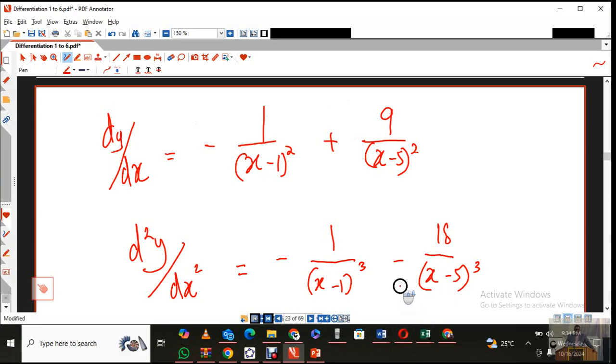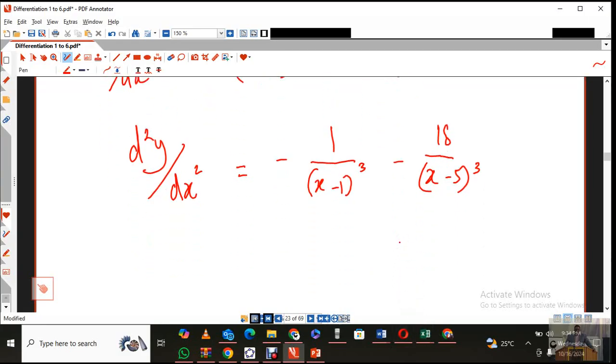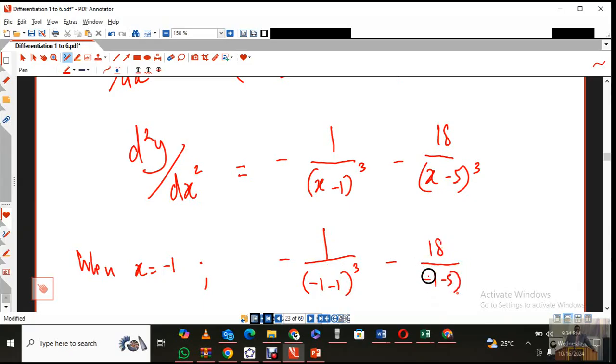When x is equal to, so this is what we're going to use. When x is equal to -1, everywhere you have an x, that is going to be -1 minus 1 cubed minus 18, -1 minus 5 cubed. If you do that, you get -1 over 6.